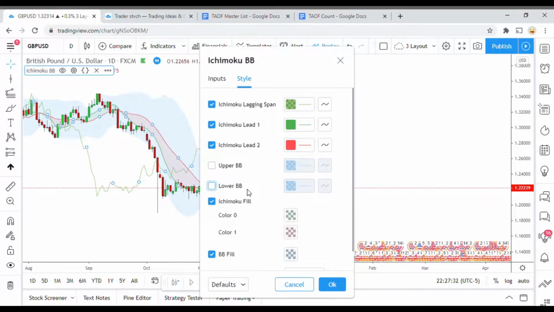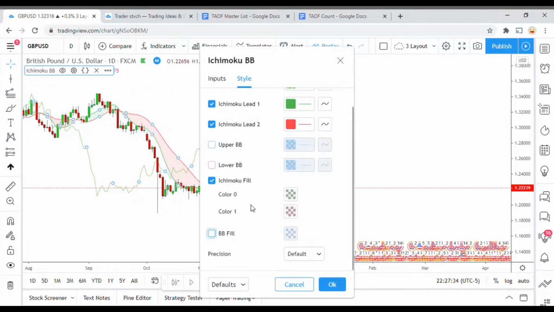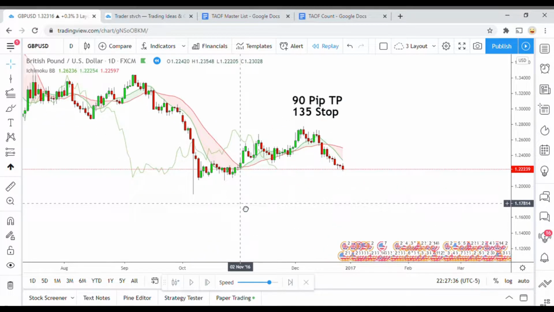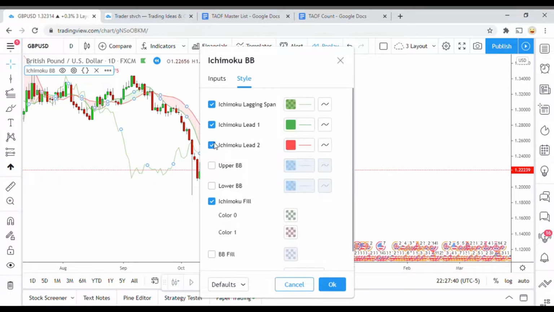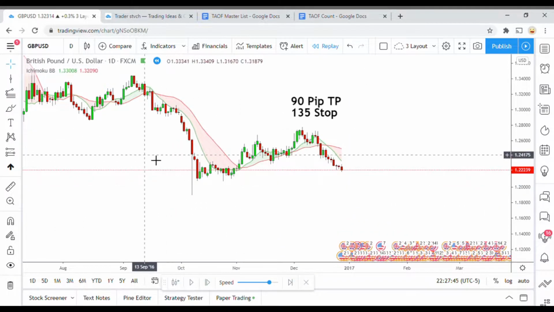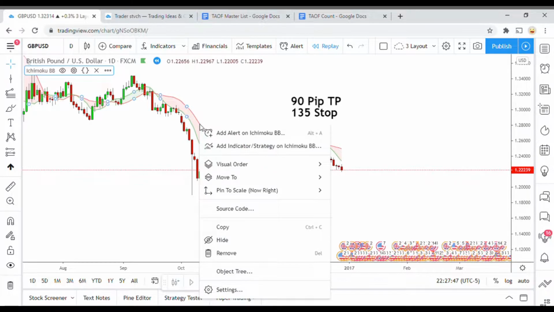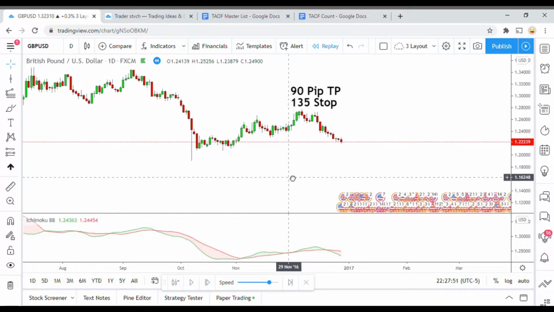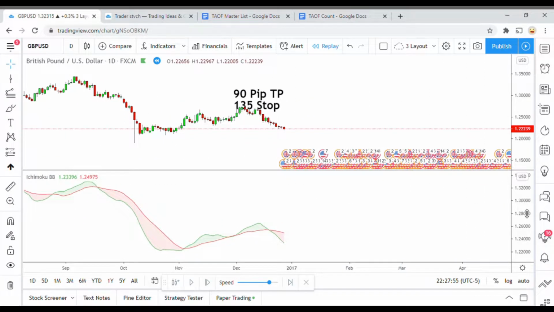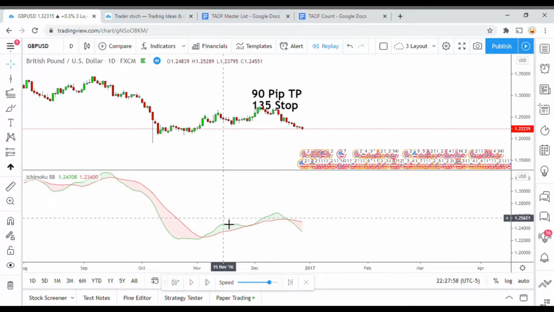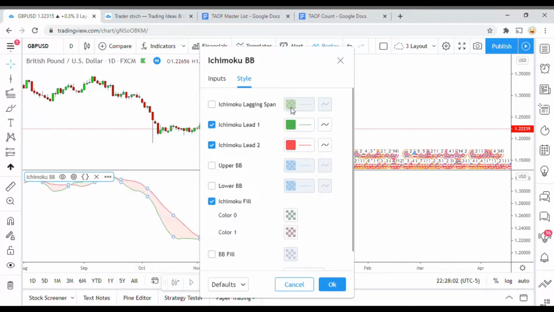Let's go in and see if we can... let's see here. There we go. So here, this gives us a little bit better idea of what is going on. Actually, just to make it a little bit easier to see, let's go ahead and throw it down here on this pane below.